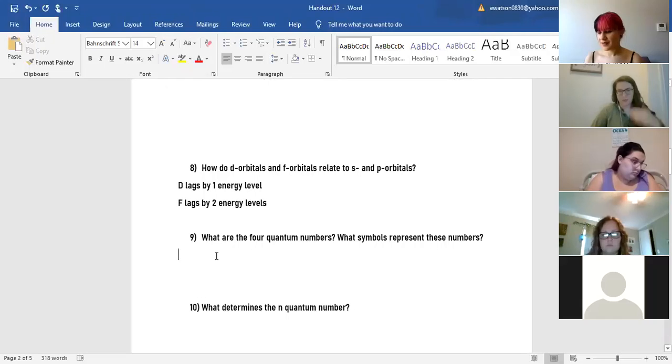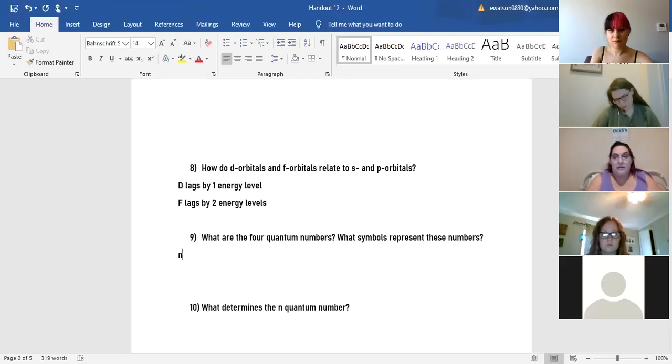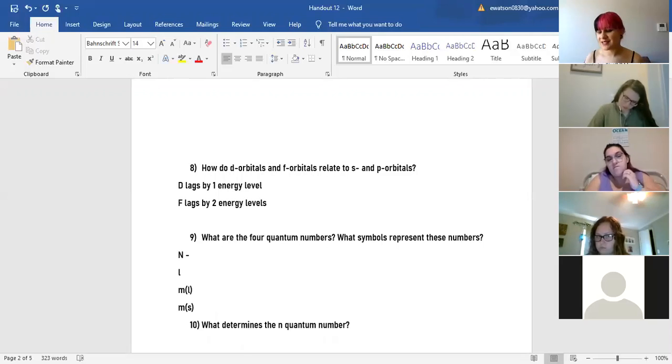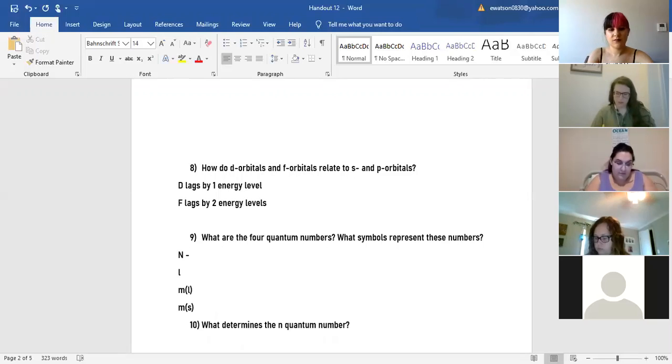What are our 4 quantum numbers? N, L, ML, and MS. I'm going to put it in parentheses, but I really mean a subscript. What does N denote? The energy level.